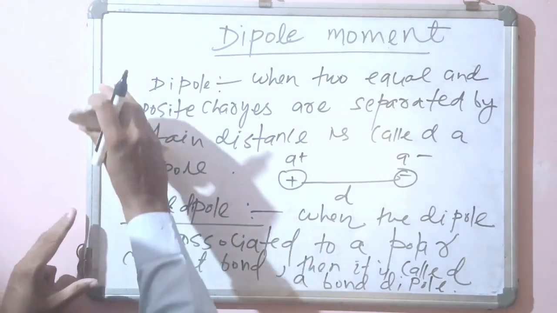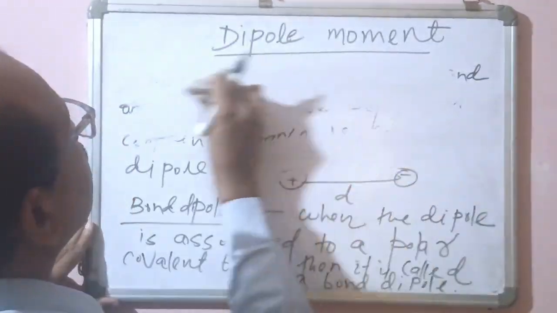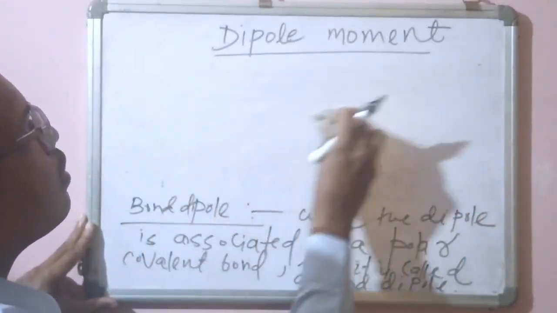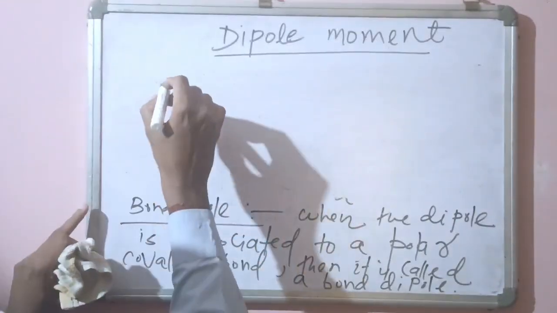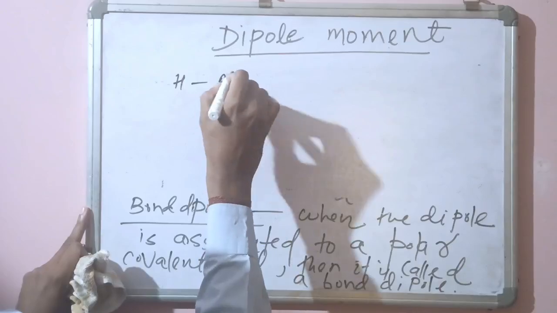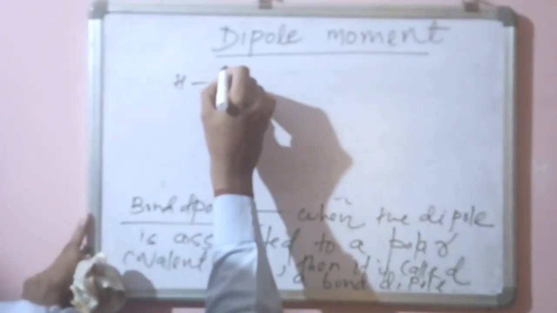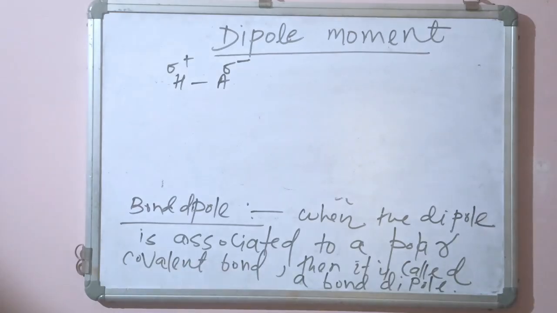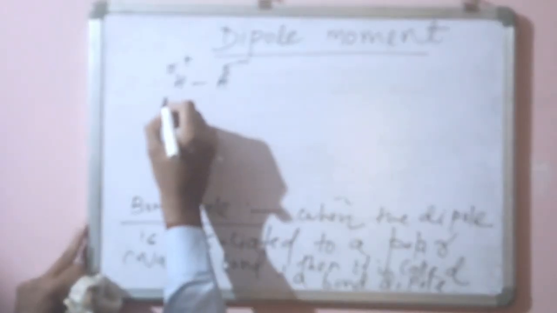So let us take a polar covalent bond, H-A. Let A be more negative, that is delta minus, and H is less electronegative, that is it carries delta plus. So that is a polar bond, right?